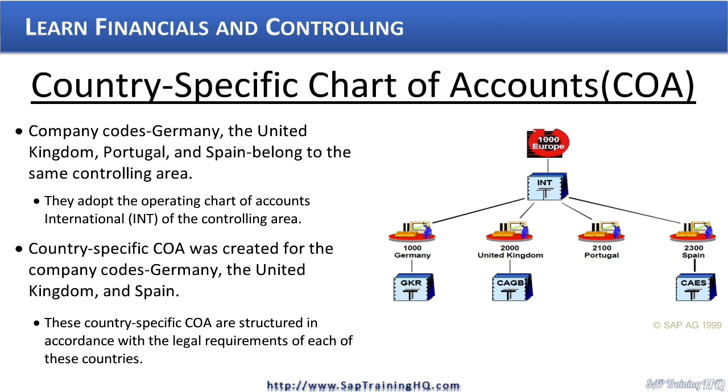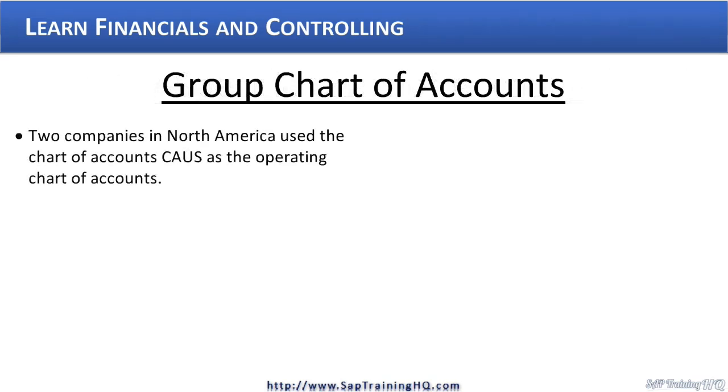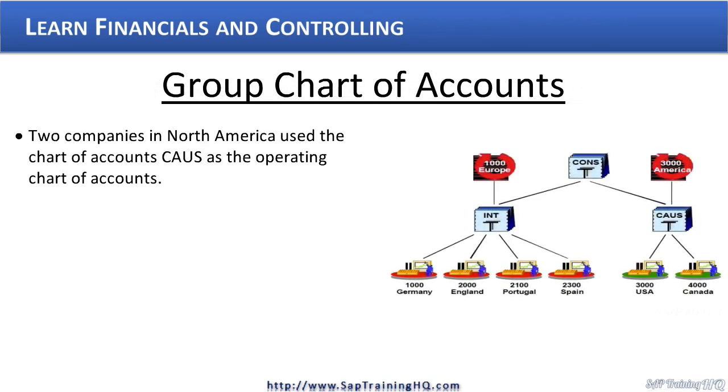Let's move on and discuss group chart of accounts. The 2 companies in North America were originally independent firms, but were later purchased by the IDES Group. Both companies were already live with R3. They were using the chart of accounts CAUS as the operating chart of accounts.